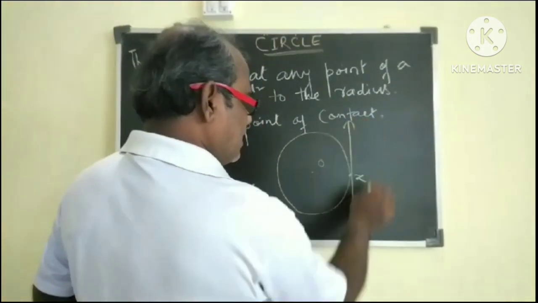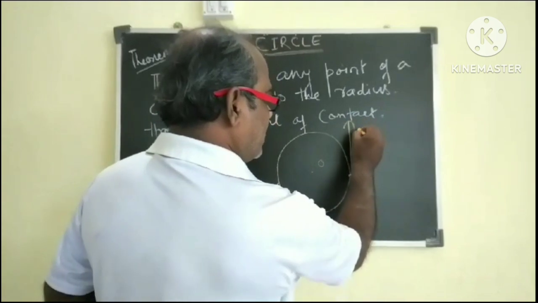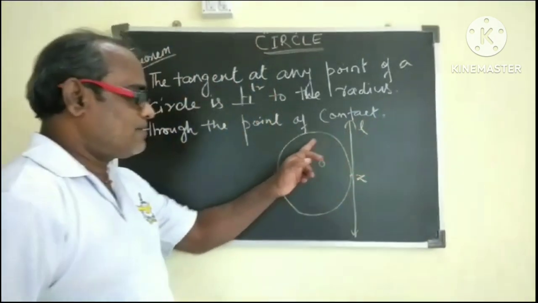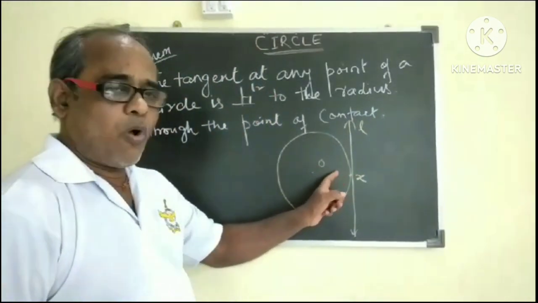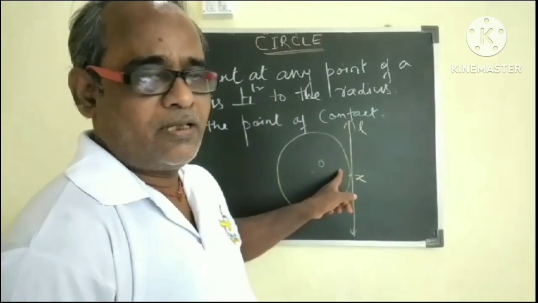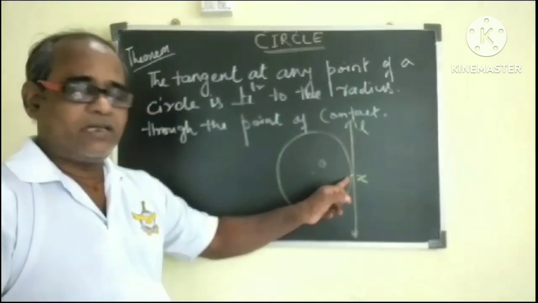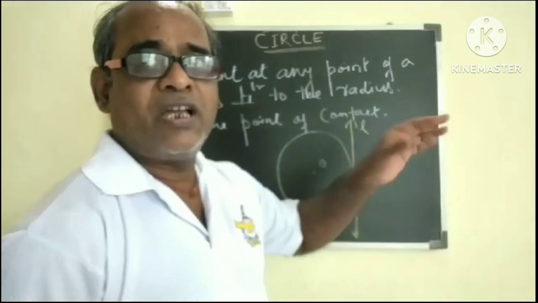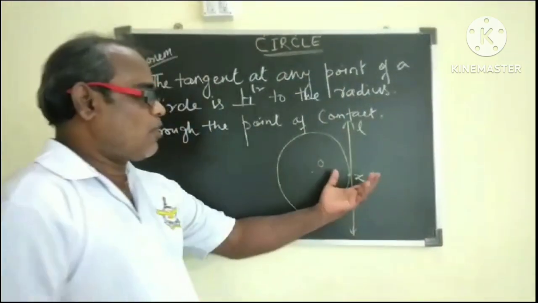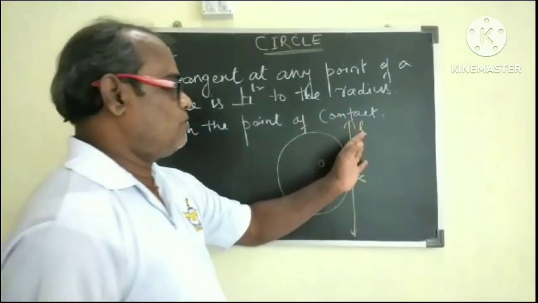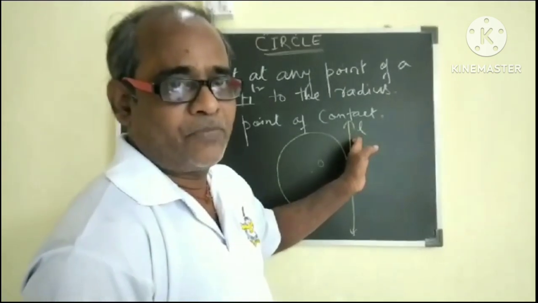That means if this is the line L, L touches the circle at only one point. That means it intersects the circle at only one point. Such a line which touches the circle at only one point is said to be a tangent line.